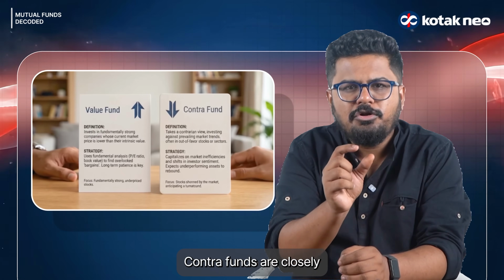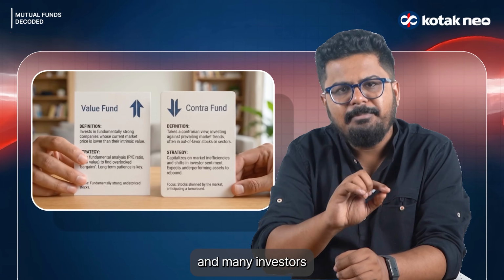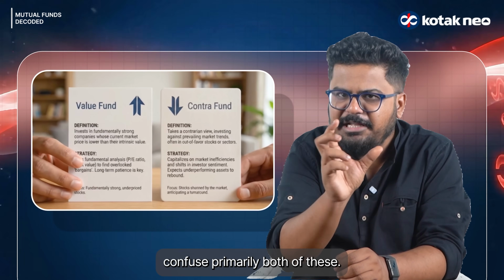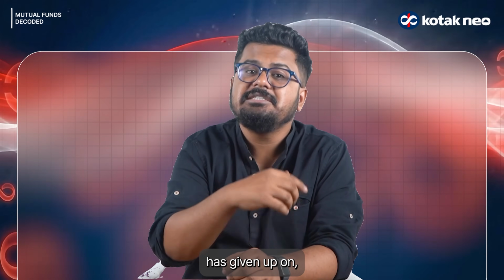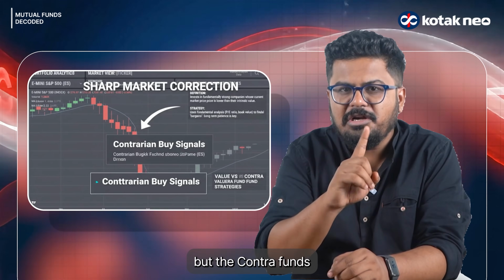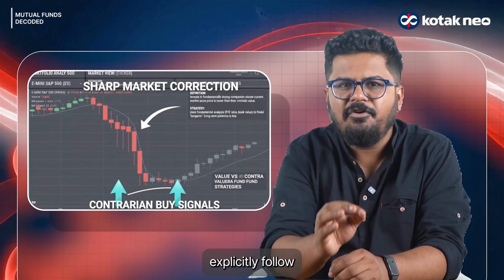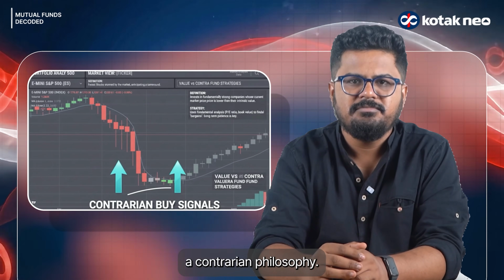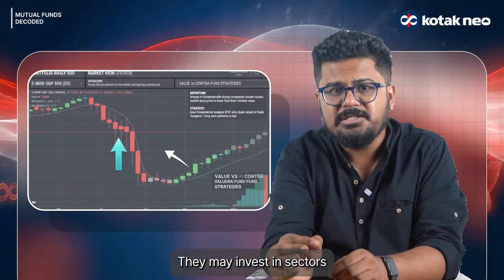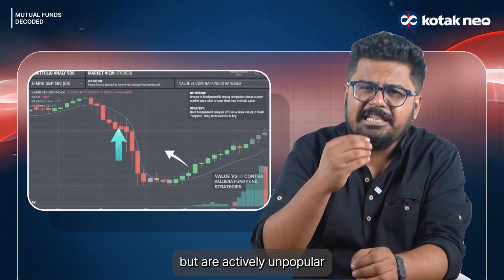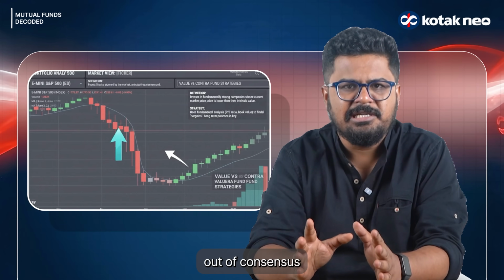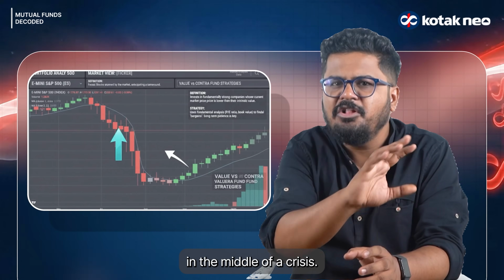Contra funds are closely related to value funds and many investors confuse both of these. Both approaches involve buying what the market has given up on. But the contra funds explicitly follow a contrarian philosophy. They may invest in sectors or companies that are not just undervalued, but are actively unpopular, out of consensus, and sometimes in the middle of a crisis.